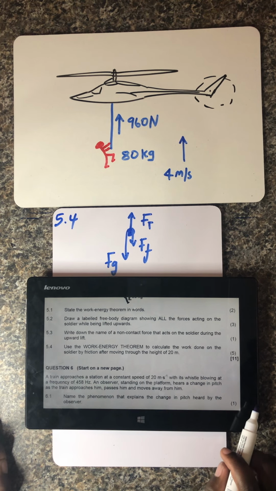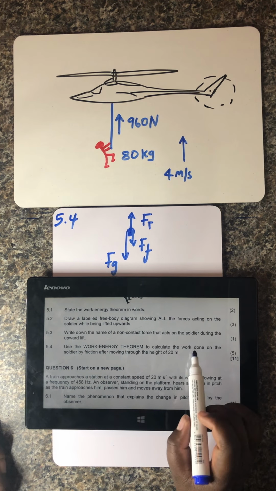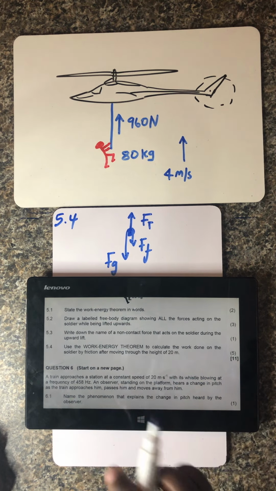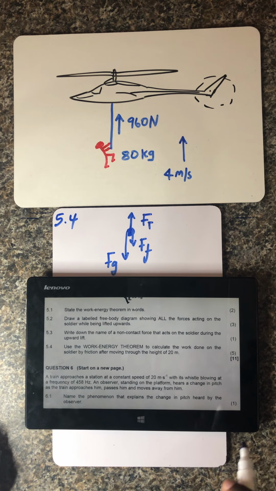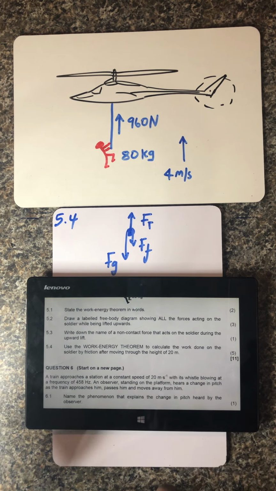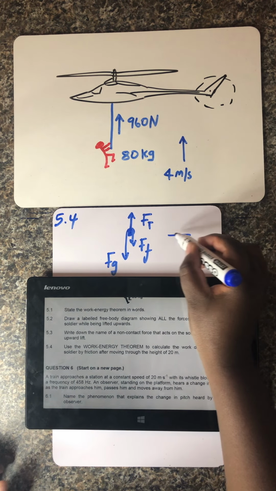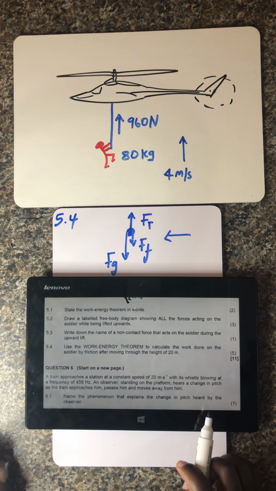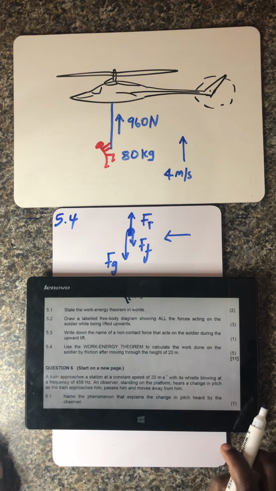So what I'm actually trying to check, ladies and gentlemen, is to check if they want us to calculate the work or the force. Remember, these are two different things, ladies and gentlemen. There is work done as a result of a particular force. So this is a free body labeled diagram of the forces acting on that object.